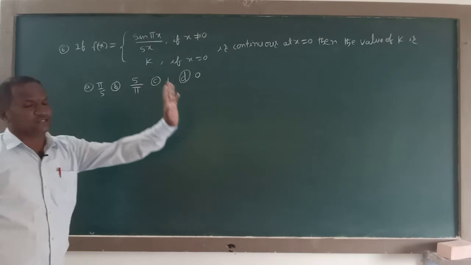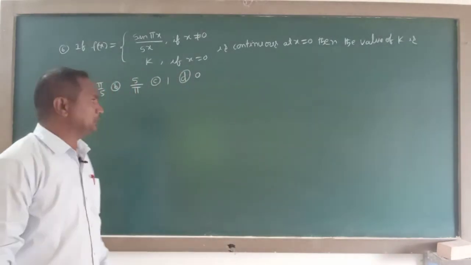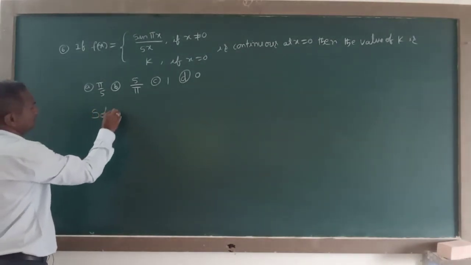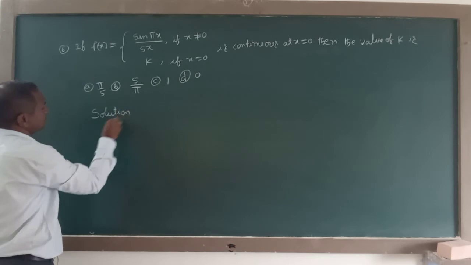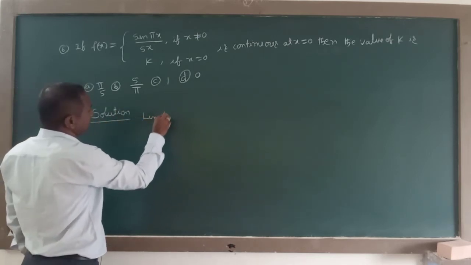The function is continuous, so directly we can take limit value is equal to function value. Solution to this question: limit value is equal to function value we can take here.